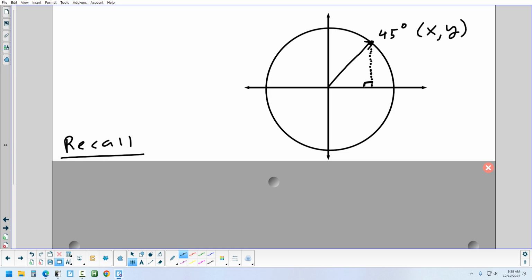Can you be a little bit more specific? 45, 45, 90. Yep, so this is a 45, this is a 45, that's a 90. And because I have two angles that are the same, it makes that an isosceles triangle. And we can use that to help us figure out this side and that side.